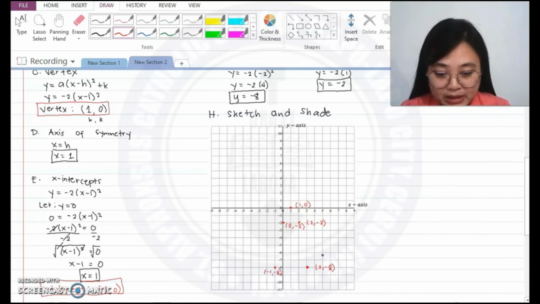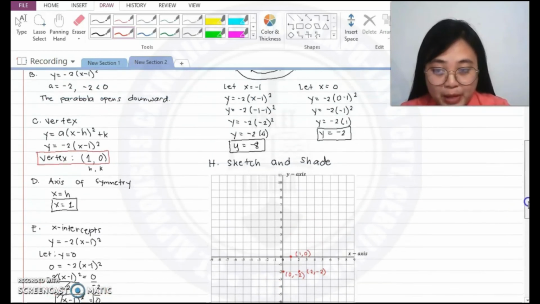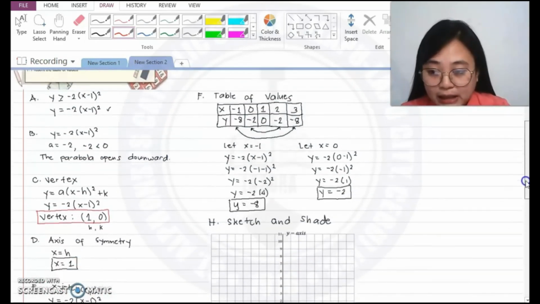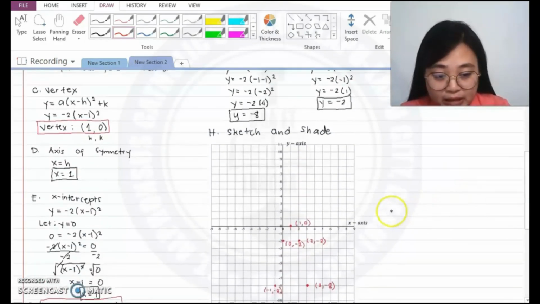As I am discussing to you, class, you go back to the given inequality. If the given is greater than or less than, you're going to use a broken line. But if the given is greater than or equal to or less than or equal to, you will use a solid line.